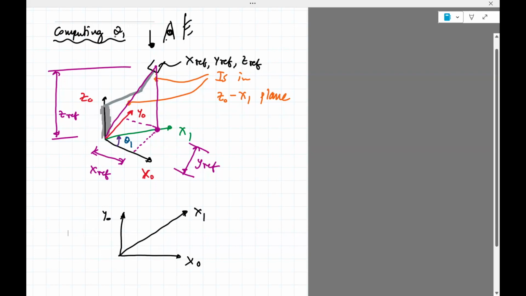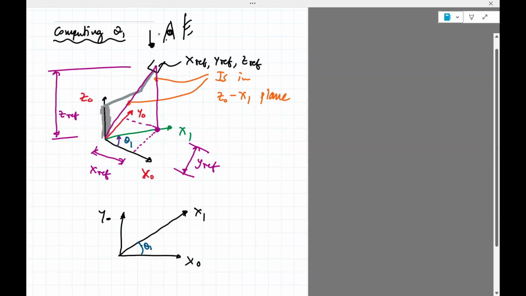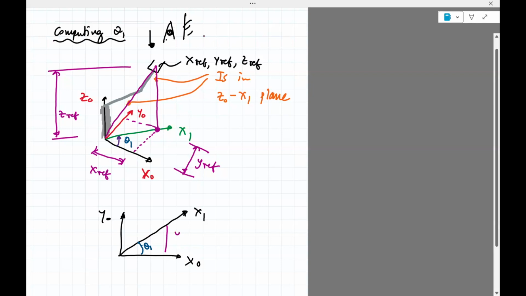We don't need this, but it's going to be right angles. So this angle is theta 1. This is y ref. This is x ref.